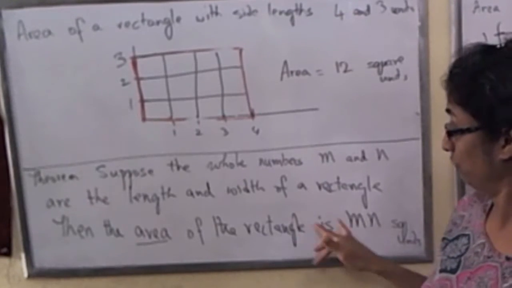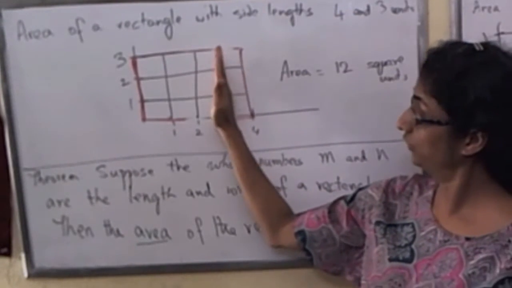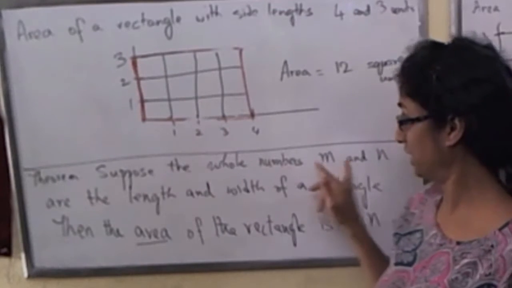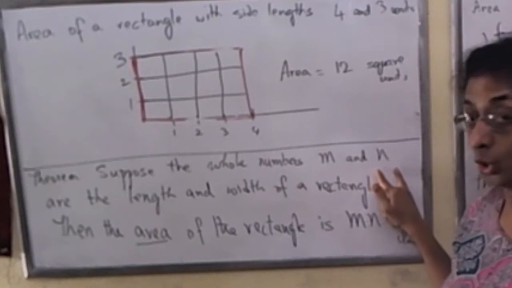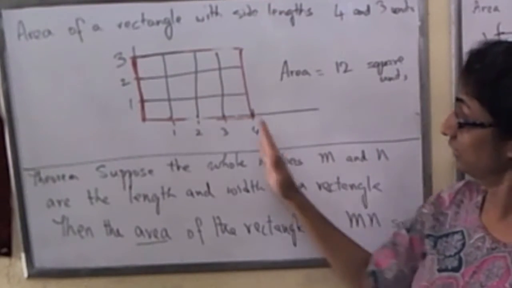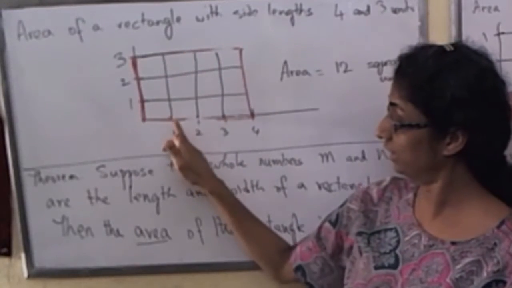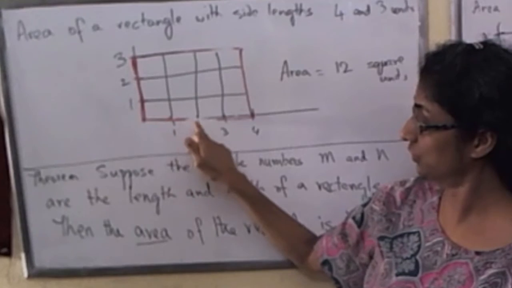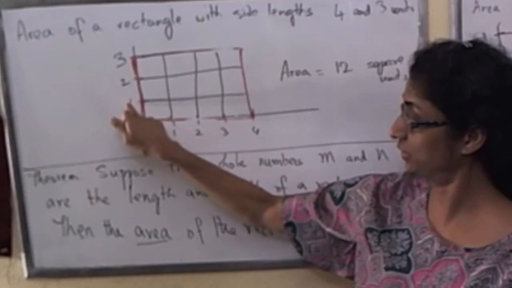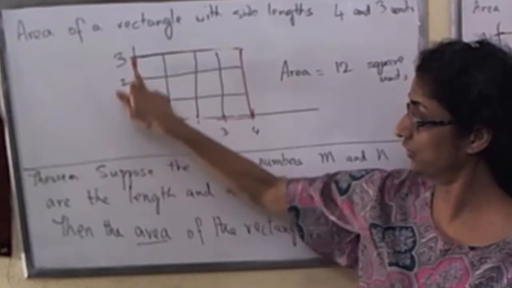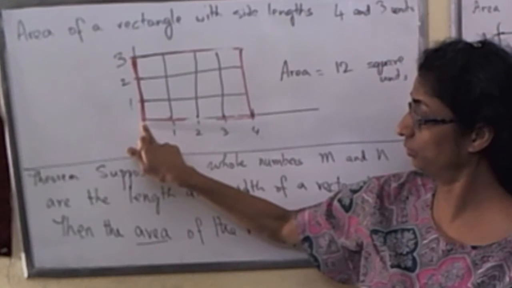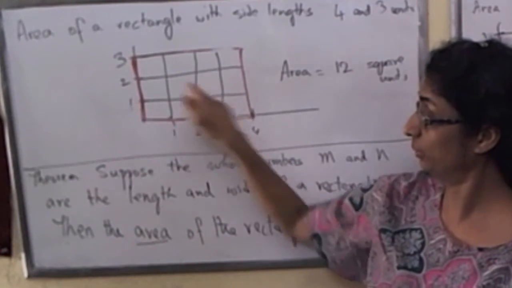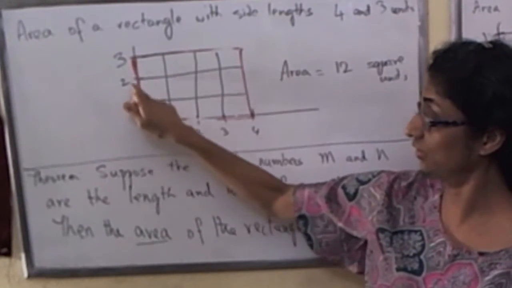Because if we would partition the bigger rectangle whose side lengths are whole numbers m and n in this particular manner, we will place a vertical line at every one of those whole numbers, and similarly on this vertical number line also we will place horizontal lines drawn in this manner.